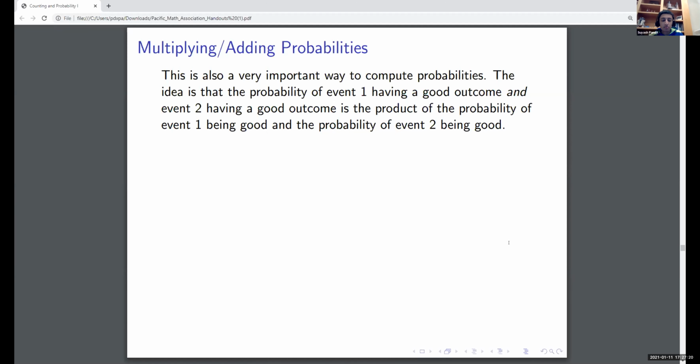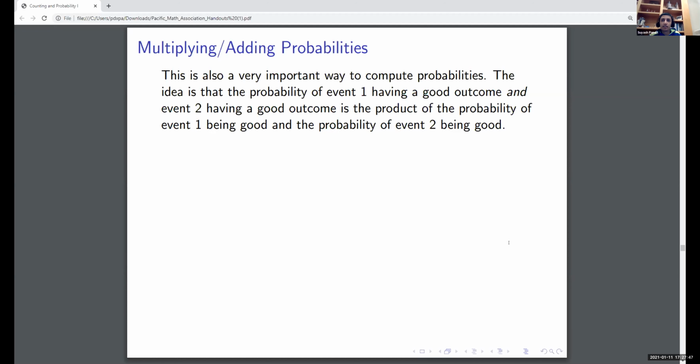Now the concept of multiplying and adding probabilities. If we have 2 independent events, and independent is a very important concept, the probability of both those events occurring at the same time is the probability of the first event occurring times the probability of the second event occurring.